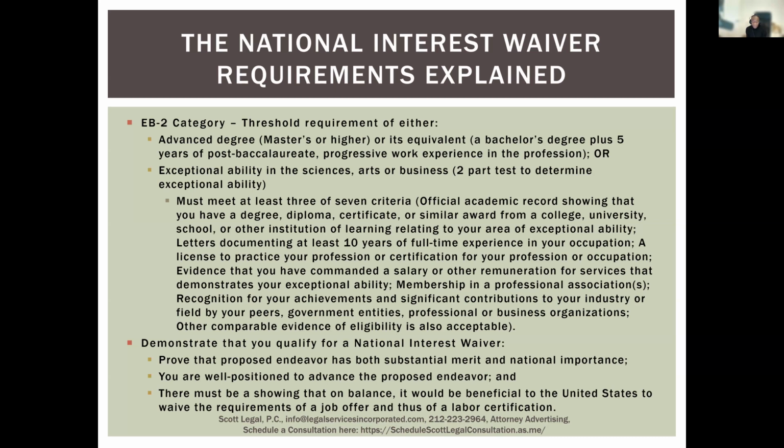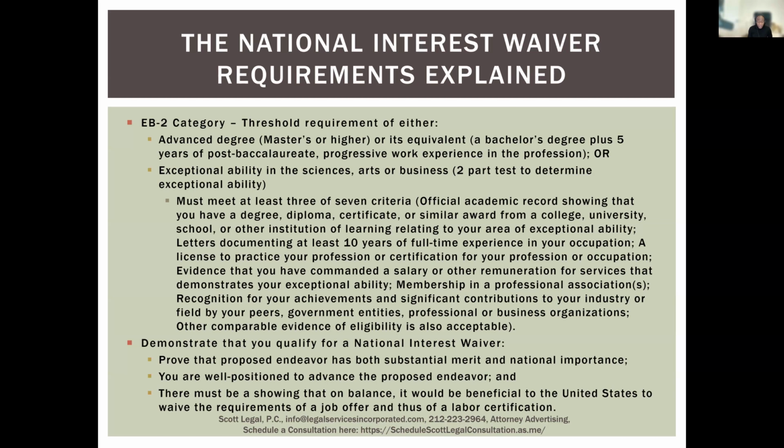So if you've done the same thing in your country before, if you say that you're going to come to the United States to roll out green technology or something to do with the environment, then they want to see, well, have you done that in your own country and done it successfully? Other things that point to you having made progress, or being able to make progress, towards the National Interest Waiver: it could be that you have a patent that gives you the particular ability to do something.